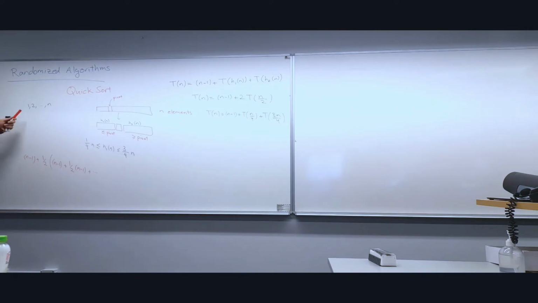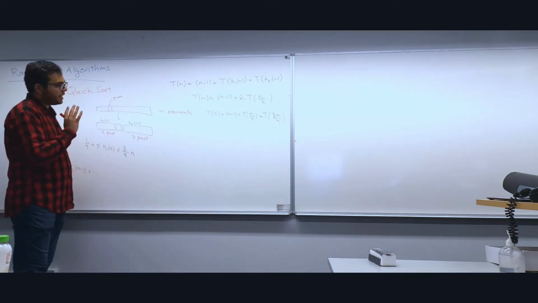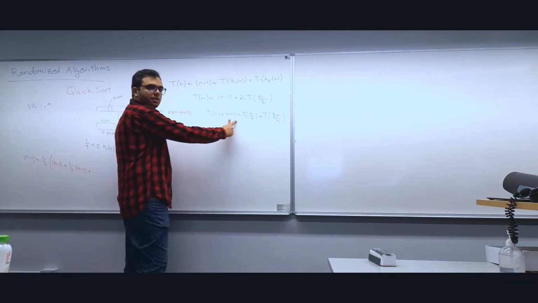I'm assuming that my elements are 1 to n. All of my elements are different. Okay, so I keep doing this, and you can figure out that this sum is at most 2 times n-1. So I can say that at every step, the expected number of comparisons that I do is just twice this much.